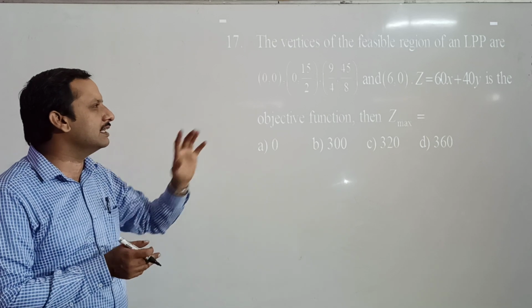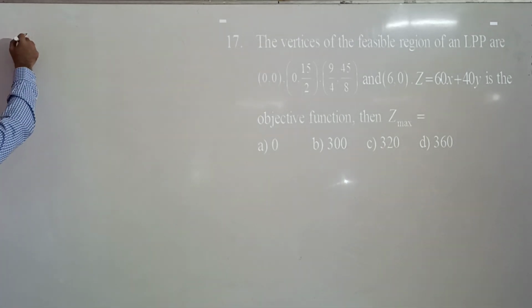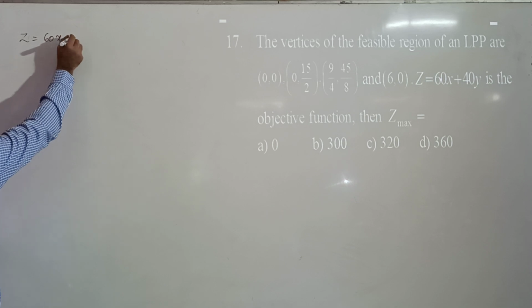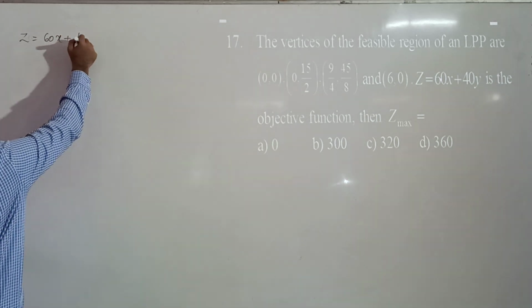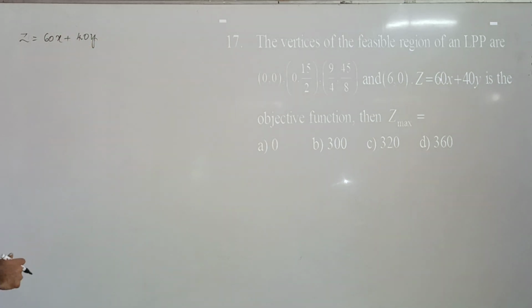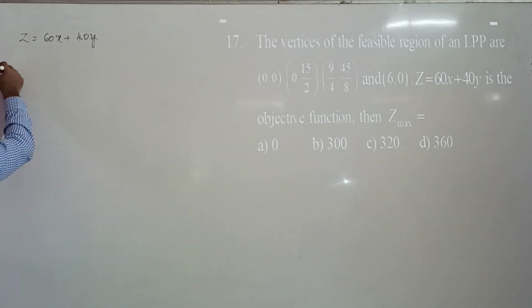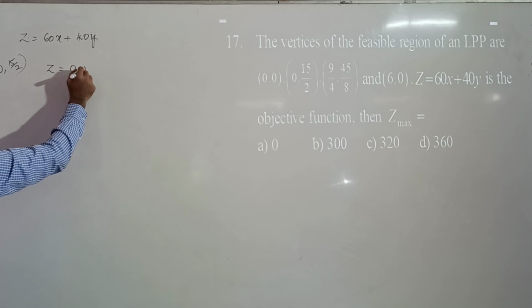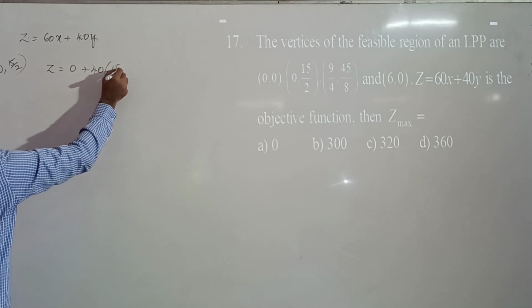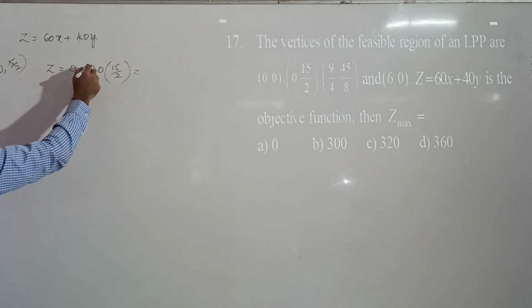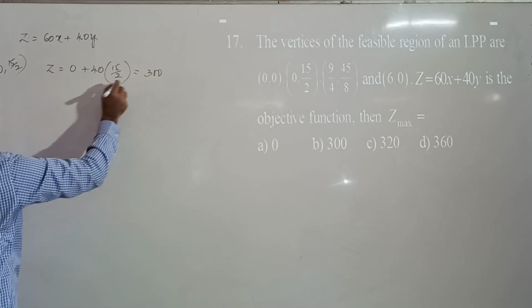So you go on substituting these points in that. Z is equal to 60x plus 40y. So 0, 0 if I substitute, I am getting 0 only. Then if I put 0, 15 by 2, that will give you z is equal to 0 plus 40 into 15 by 2. 20 into 15, 300.